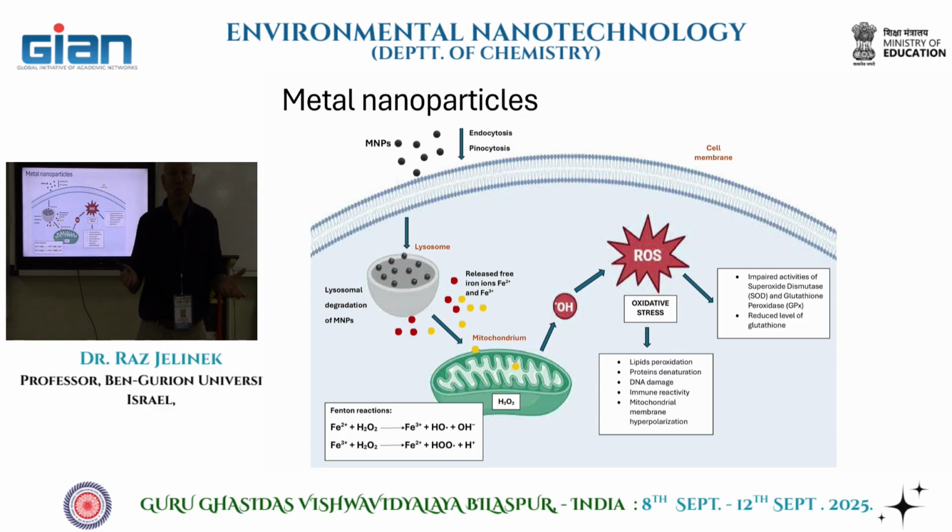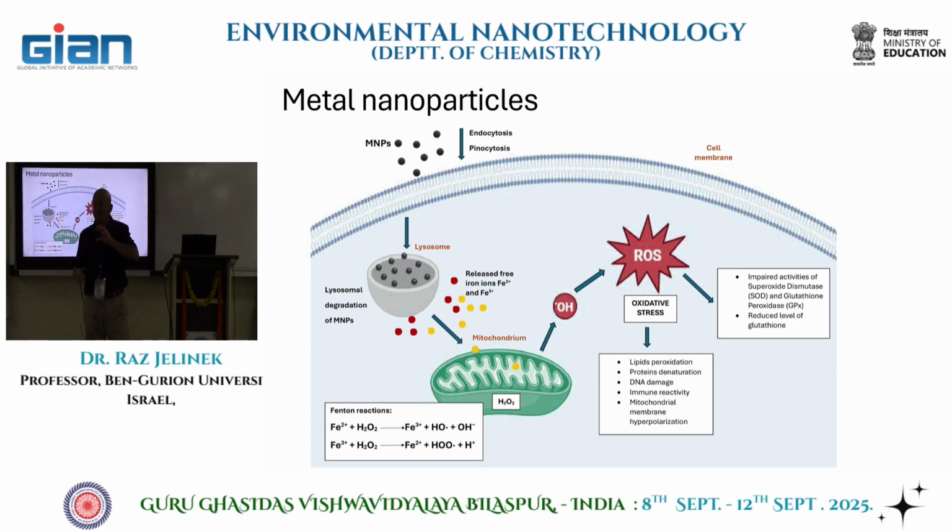When they go in, they can do bad things. They can go to different organelles in the cell. There are special compartments in cells that are very important for our biology, for example, the lysosome and the mitochondria. Metallic nanoparticles can go inside these organelles, and then they disrupt their normal function. And then we can have disease.